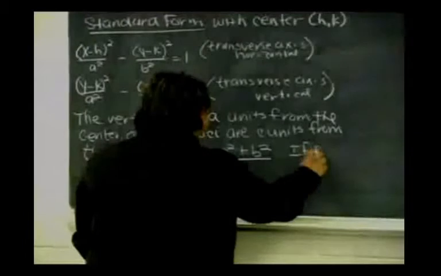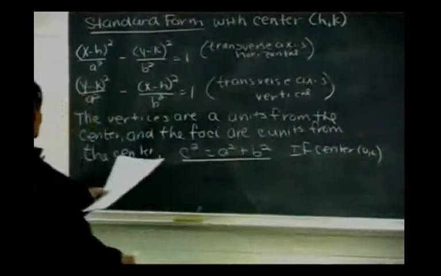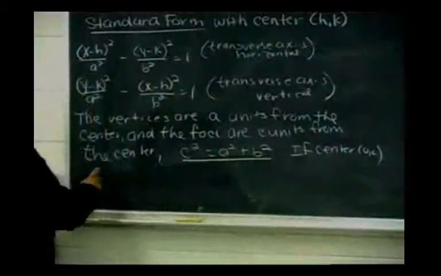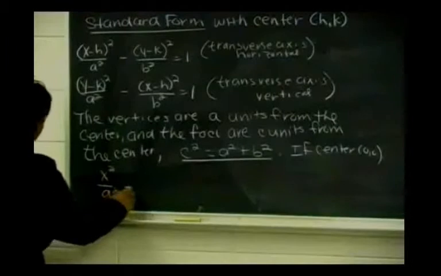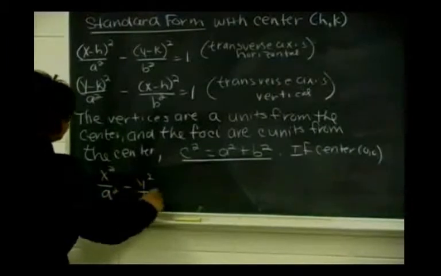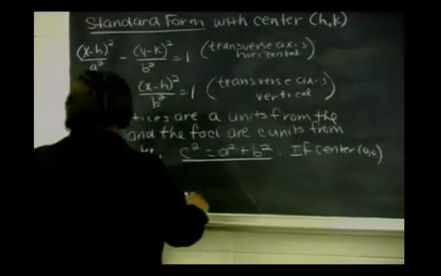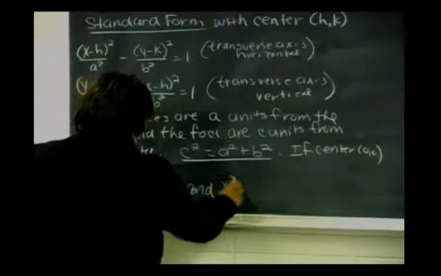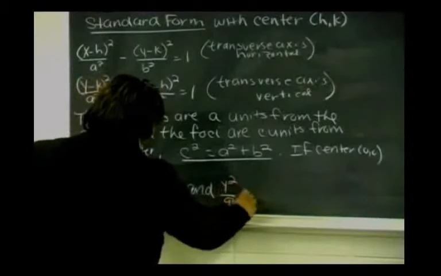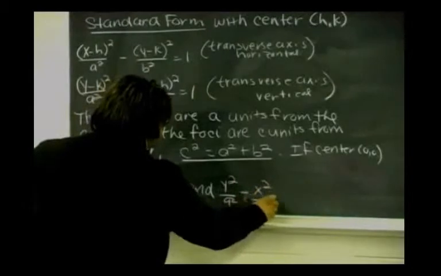And if our center is the origin, then these equations break down to x squared over a squared minus y squared over b squared is 1, and this one breaks down to y squared over a squared minus x squared over b squared equals 1.